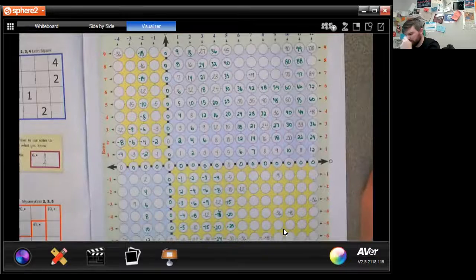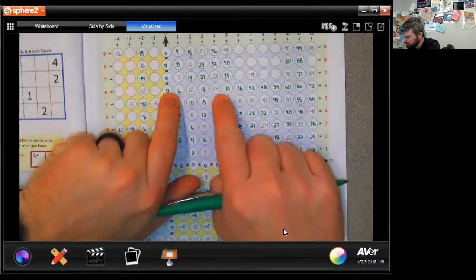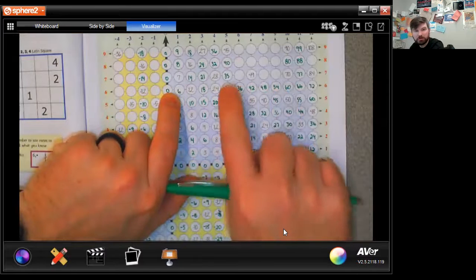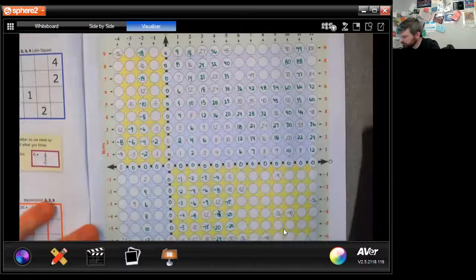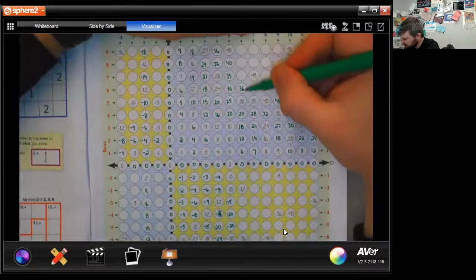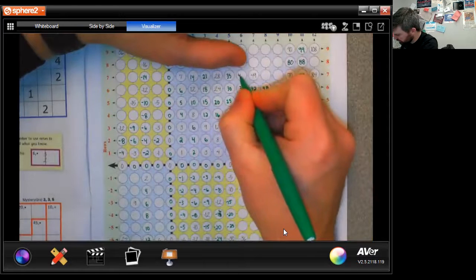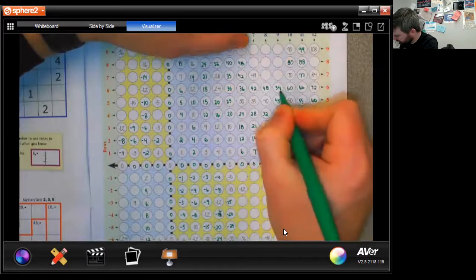Okay, and you can notice some patterns like 6, 2, 8, 4, 0, 6, 2, 8, 4, 0. Those are the only numbers that multiples of 6 end in. Okay. So we can do this 6 column here now because I just did it. So 30, 36, 42, 48, 54.